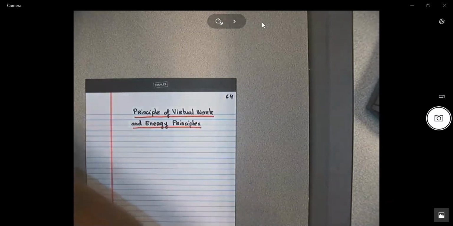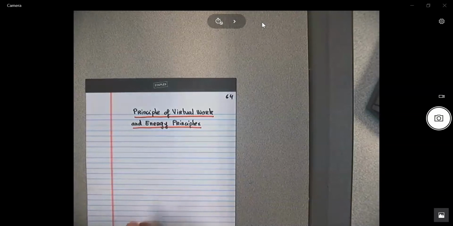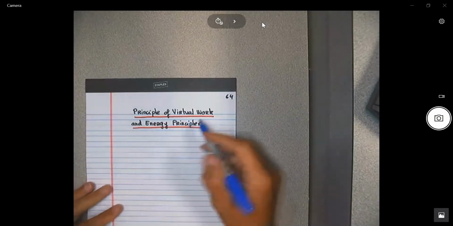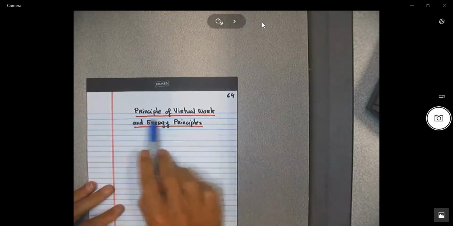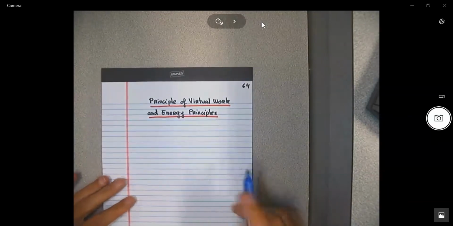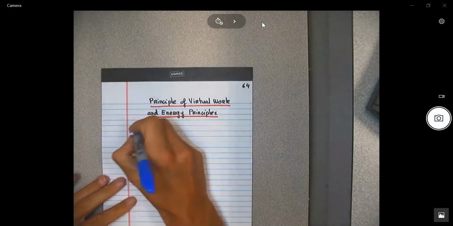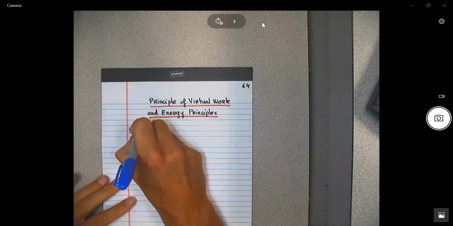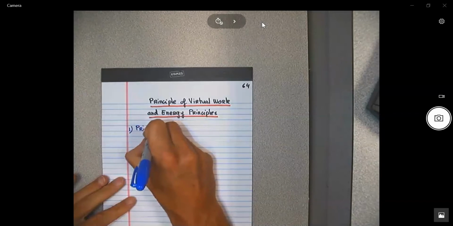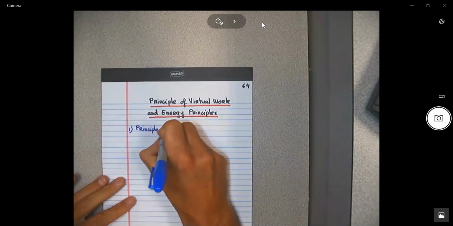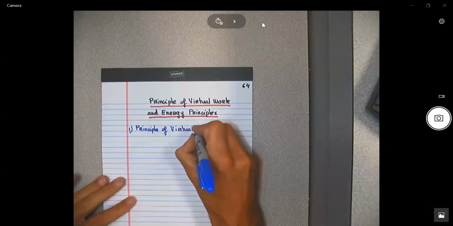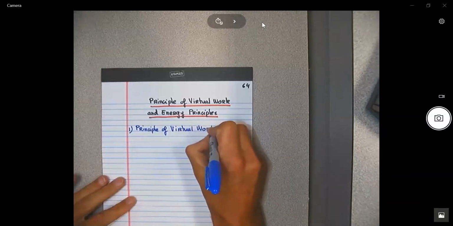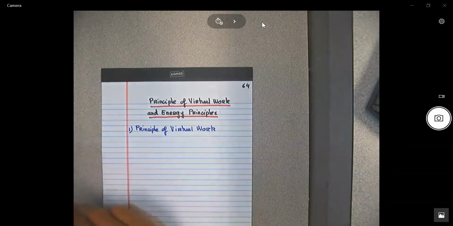So we're gonna start with the principle of virtual work. This is really the main idea. And because of this, then you can move to the energy methods. But the main concept is the one of virtual work, all right? So principle of virtual work.